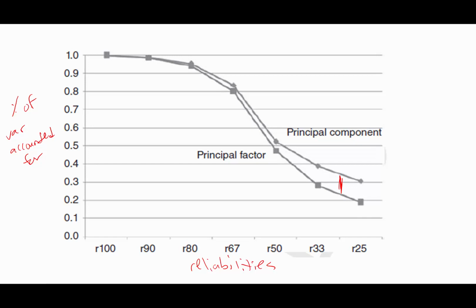From these simulations in the textbook, it becomes apparent that when the reliability of individual variables drops below 0.67, the question of how many factors are present usually can't be answered correctly. Once we get below 0.67, for example 0.50, 0.33, and 0.25, we may be extracting more factors than is actually necessary.